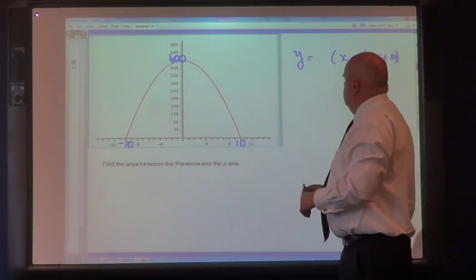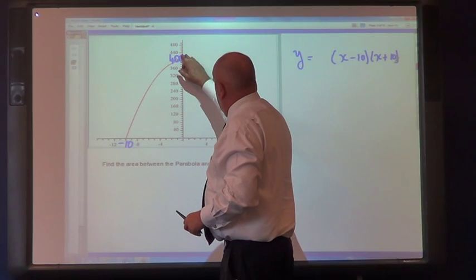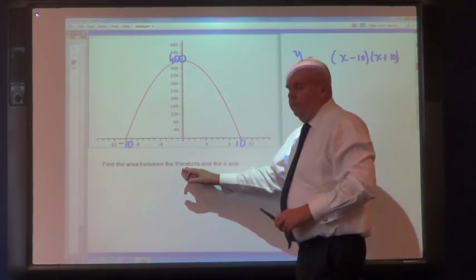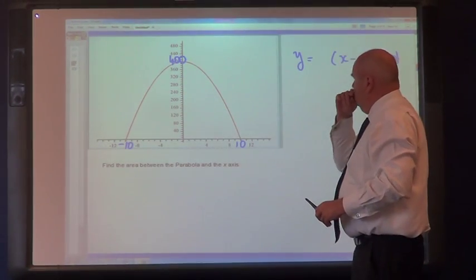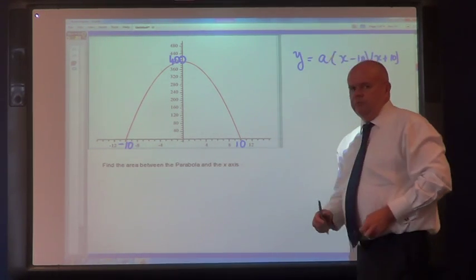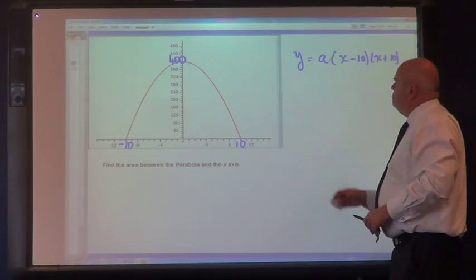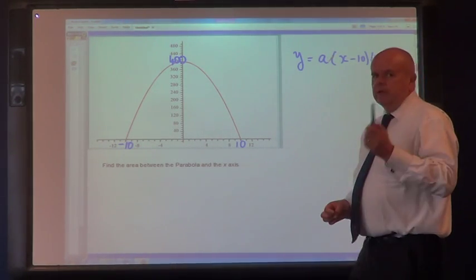That's for sure. But the problem with that is that it's not telling us how far up or down the y-intercept goes. Okay? So we need to multiply that by some factor which we're temporarily going to call a. The question is, how do I find a? Well, the answer is rather simple.